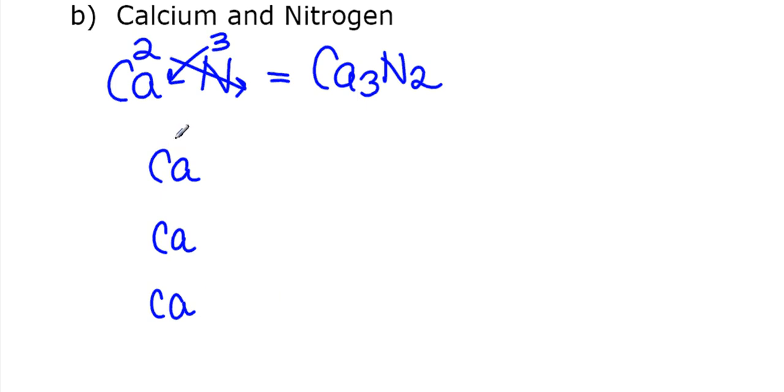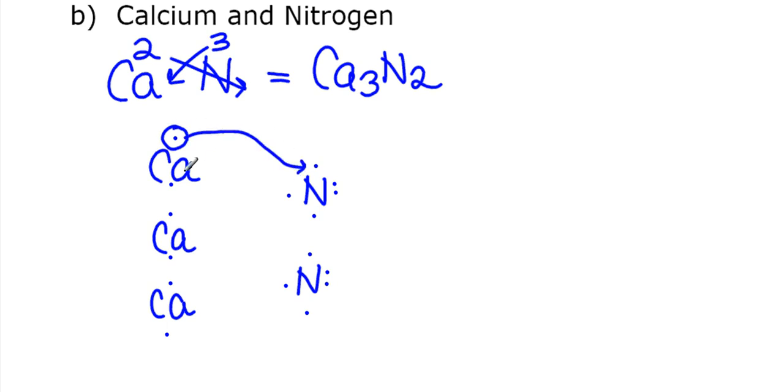Calcium is in group 2, so they each need 2 dots. Then I'm going to do my 2 nitrogens over here. Nitrogen's in group 5. So here there's a lot more arrows because there's a lot more electrons to pair up. So I just start pairing.